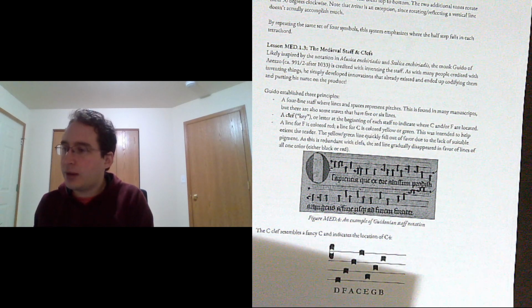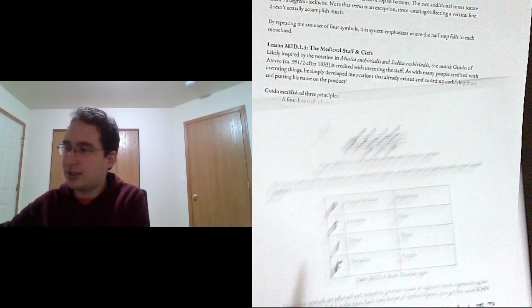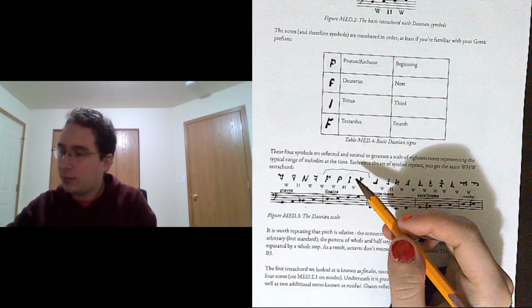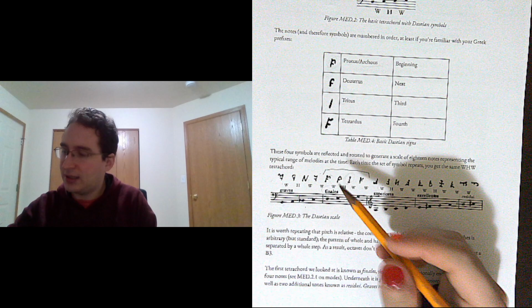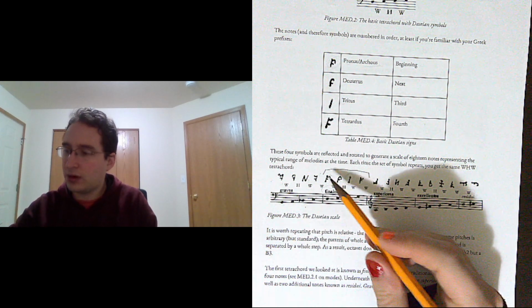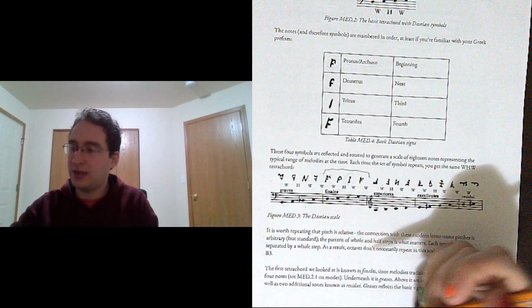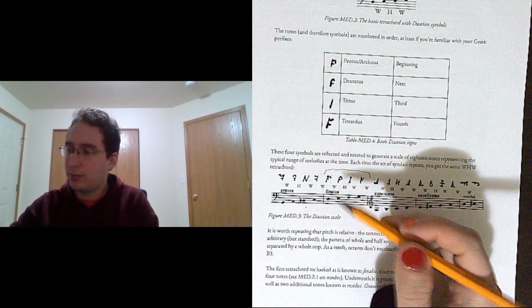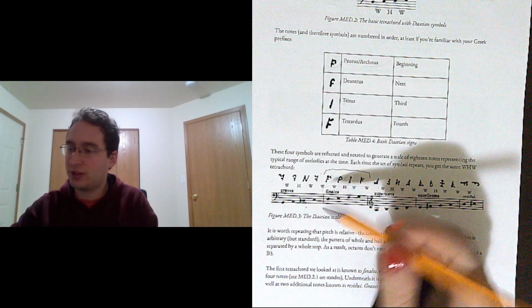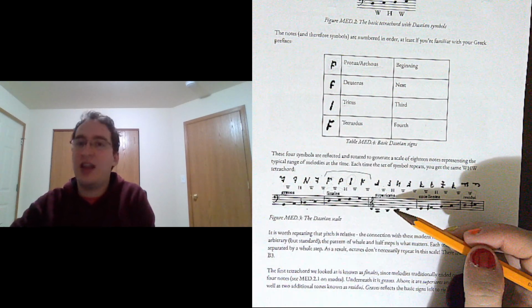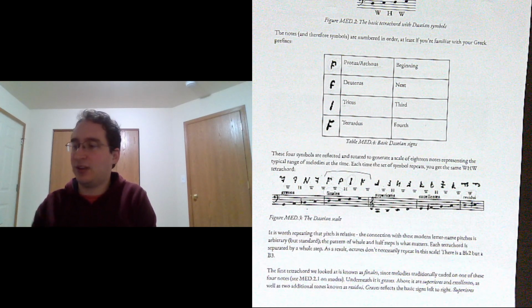So when we talk about these, we would put the tetrachord and the note name together. So it would be like protus finales, or deuterus finales, or protus graves, or tritus superiores, and that names a specific note.